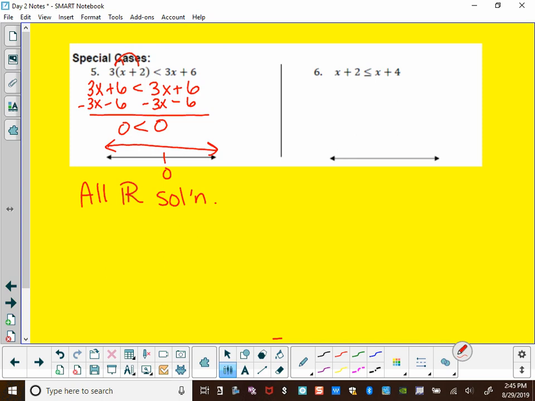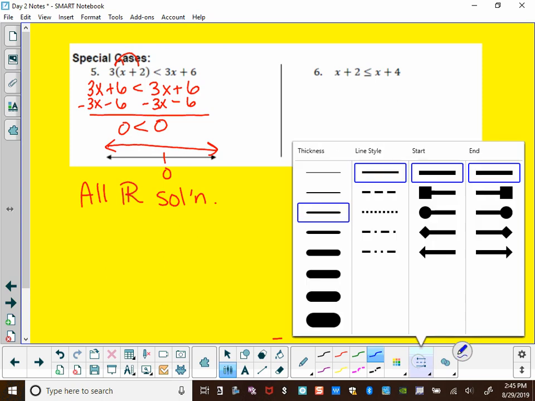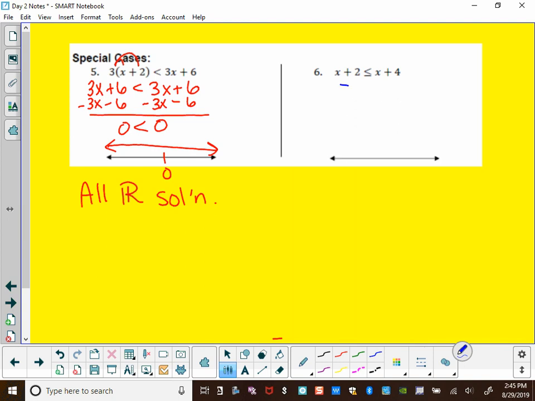You ever have a number inequality and the same number is all real numbers? Let's look at this one. x plus 2 is less than or equal to x plus 4. Let's say I want to subtract 2. So I'm left with x less than or equal to x plus 2.